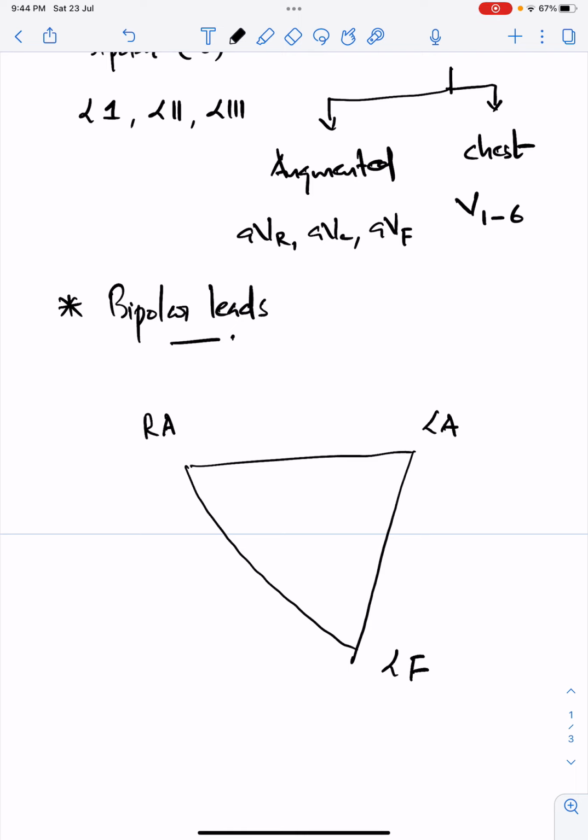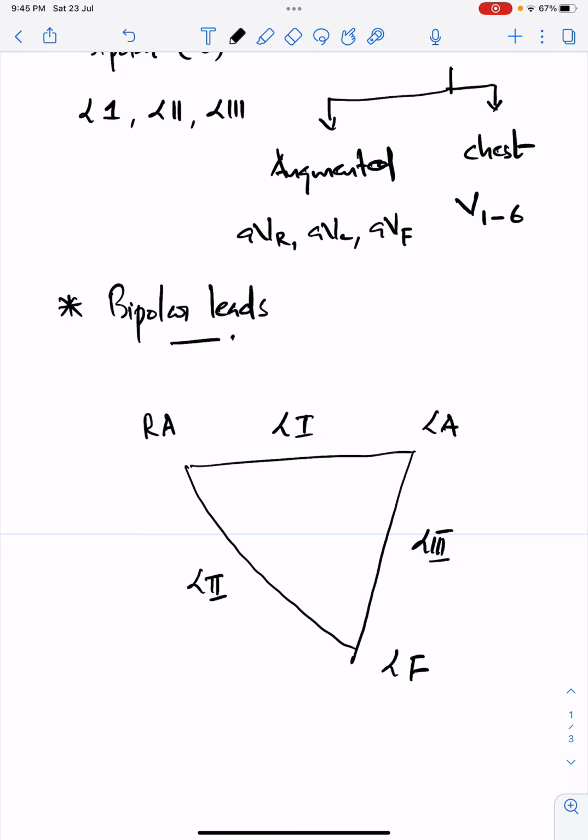The potential difference between right arm and left arm is measured by lead 1, and between right arm and left foot is measured by lead 2. Between left arm and left foot is measured by lead 3.